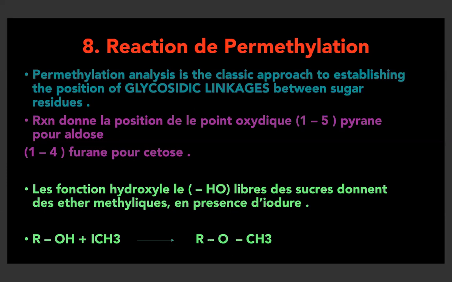We are supposed to have an oxygen bonded to a methyl. As long as you have a chain on this side and oxygen bonded to an alkyl in the middle, it is called an ether.